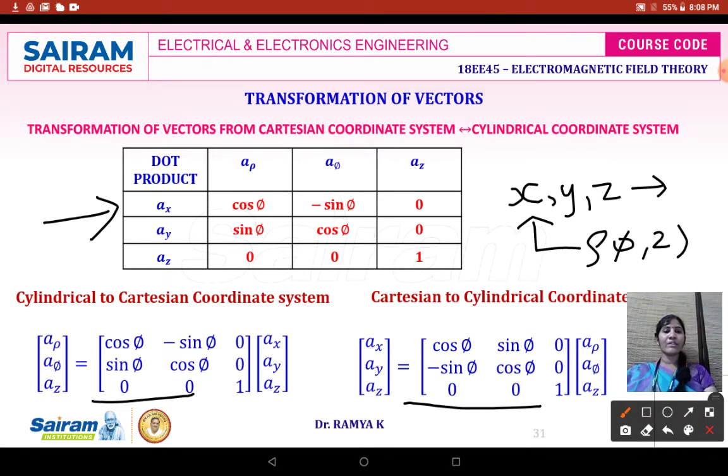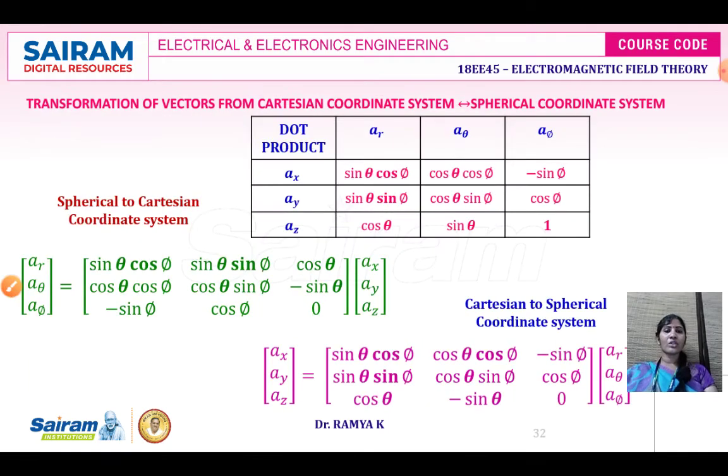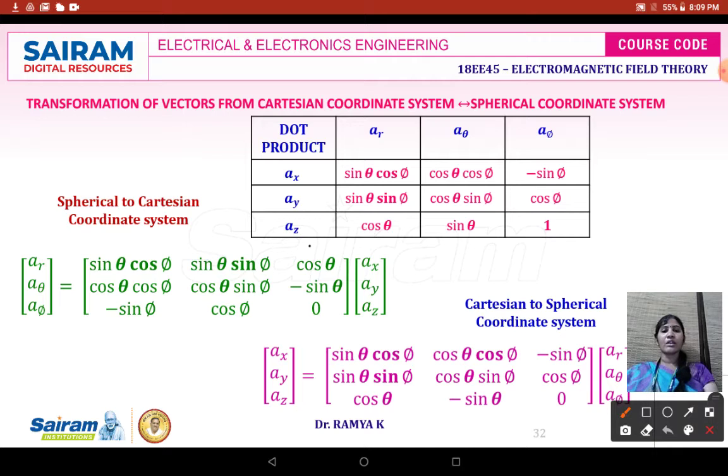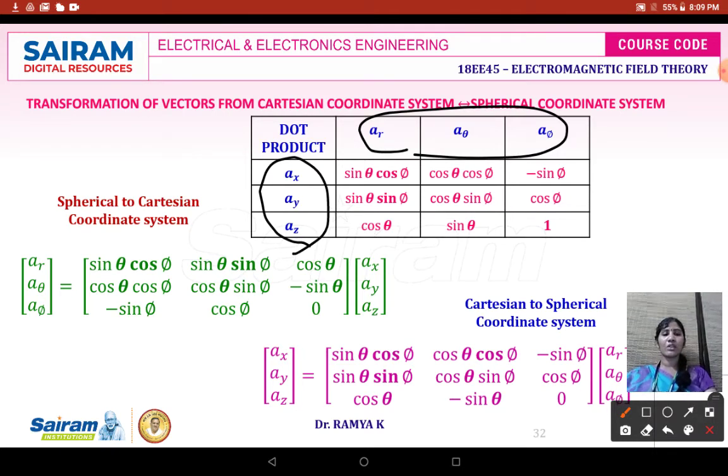Same way, we have another coordinate system where we are going to convert the spherical coordinate system to Cartesian and Cartesian coordinate system to spherical. Here these are the ordinates of the Cartesian coordinate system, and this is going to be the ordinates of your spherical coordinate system. If you wanted to convert the spherical coordinate system to Cartesian, spherical means r, theta, phi, you need to convert it to Cartesian, that is x, y, z.